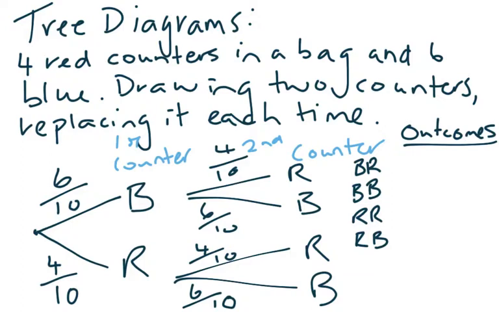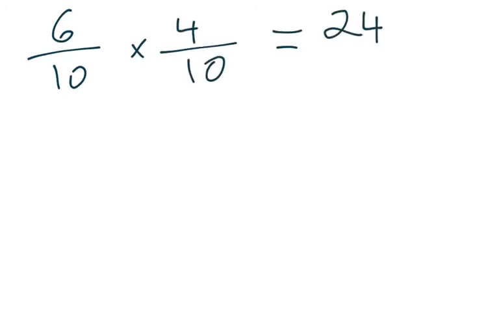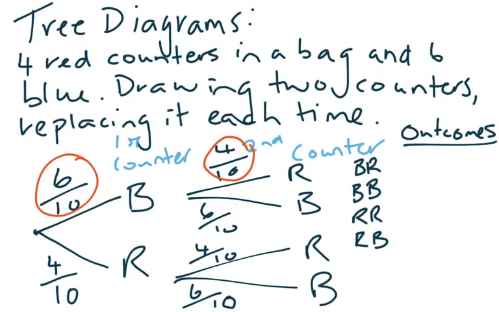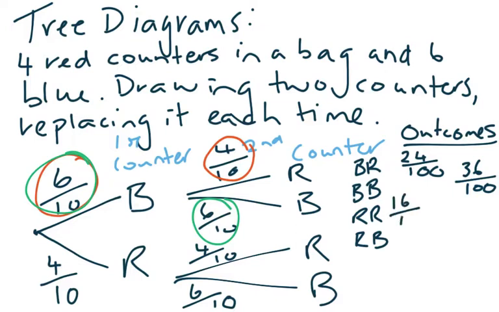To do the probability of the first one, we multiply 6 tenths by 4/10. 6 over 10 times 4 over 10 is 24 over 100. Blue-blue is 6 tenths and 6 tenths, which would be 36 over 100. Red-red would be 16 over 100.